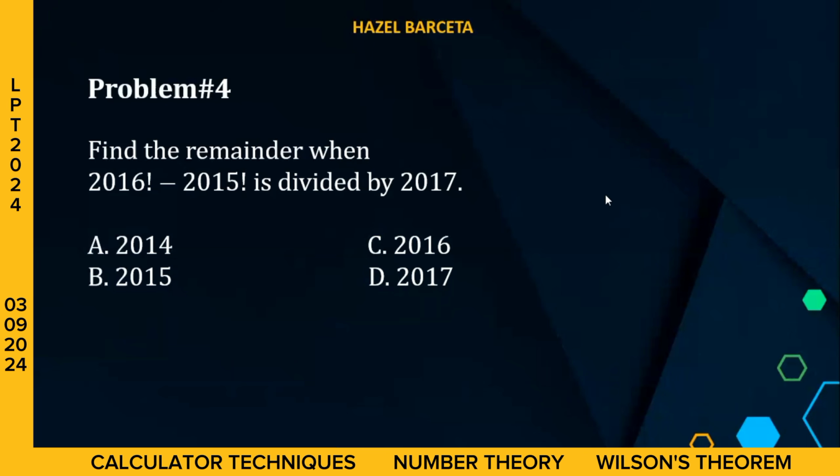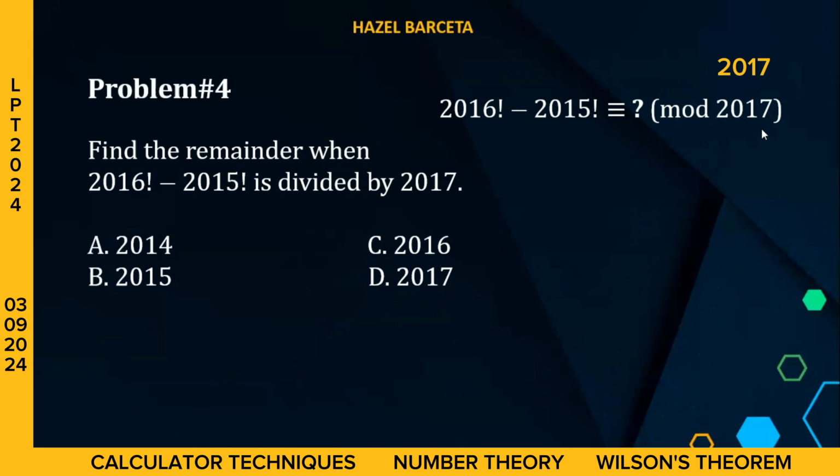So, ito po ang ating problem. 2016 factorial minus 2015 factorial is congruent to an unknown remainder mod 2017. Ano nga po ang una nating gagawin? I-check po natin yung difference. So, 2017 minus 2016, ang difference po ay 1.